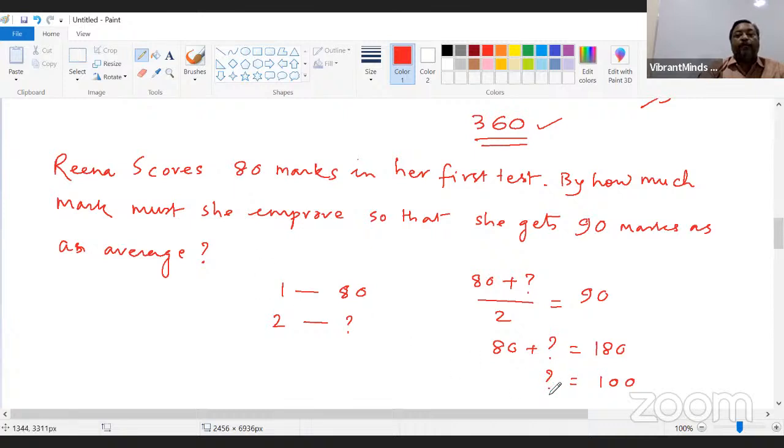So she has to get 100 marks. So she has to improve by 20 over what? 80. So 20 by 80. That means she has to improve 1 by 4, and 1 by 4 means 25%. Is it clear, everyone? Can I have a thumbs up if you are getting it?